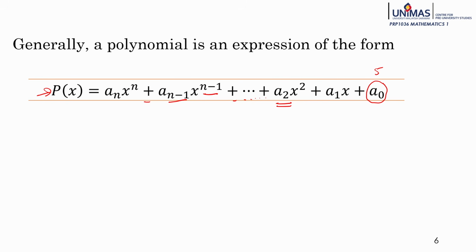We start with the highest degree. For example, if you have x to the power of 5, then the next is x to the power of 4, and the rest down to x squared, plus x, plus a constant.